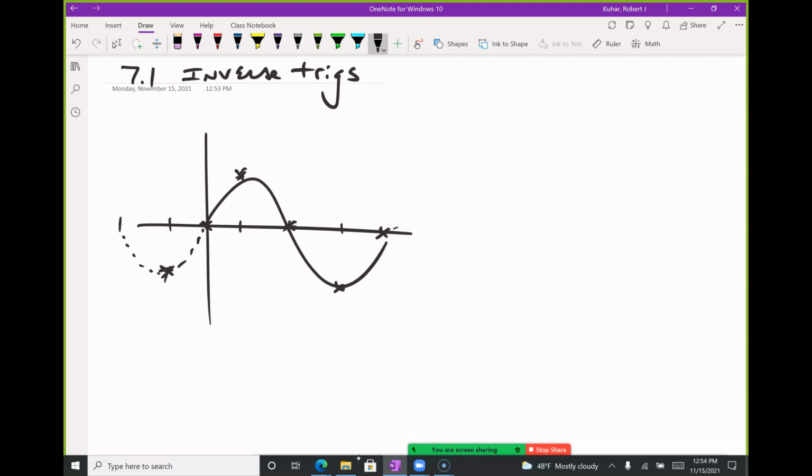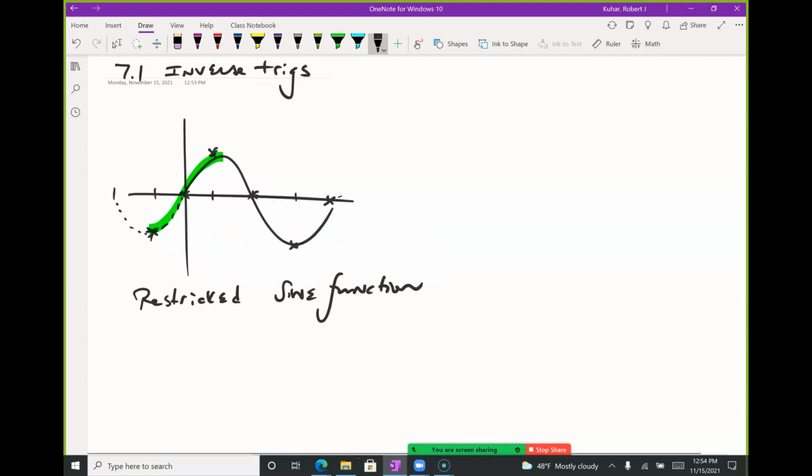So what we do is we restrict our domain. We're going to restrict the piece of the sine function from here to here. So our restricted sine function, and we're trying to stay as close to the origin as we can every time.